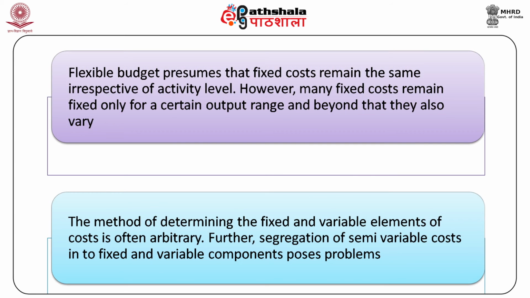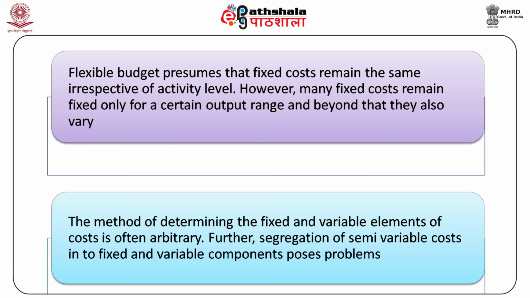Third, a flexible budget presumes that fixed costs remain the same irrespective of activity level. However, many fixed costs remain fixed only for a certain output range, and beyond that they also vary. For example, rent of space occupied by machinery. If output exceeds a certain level, then new bigger size machinery may be required which may occupy more space.